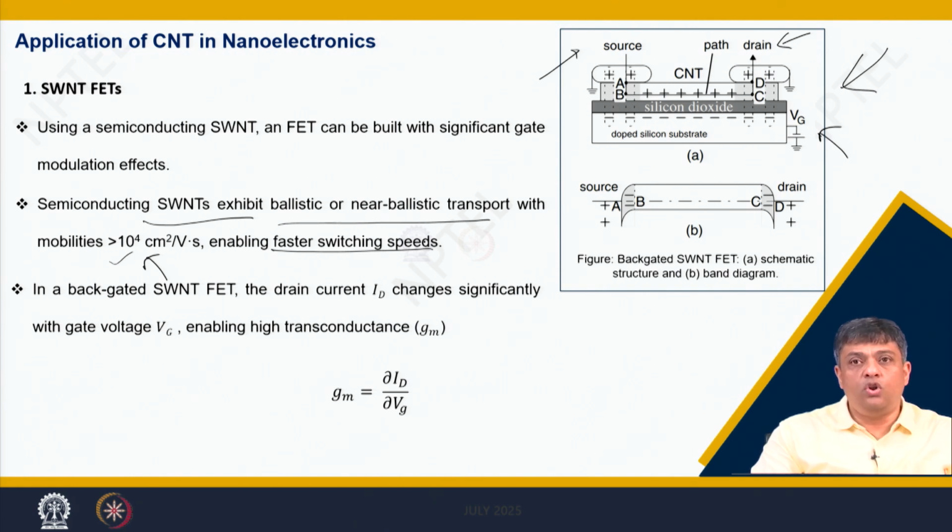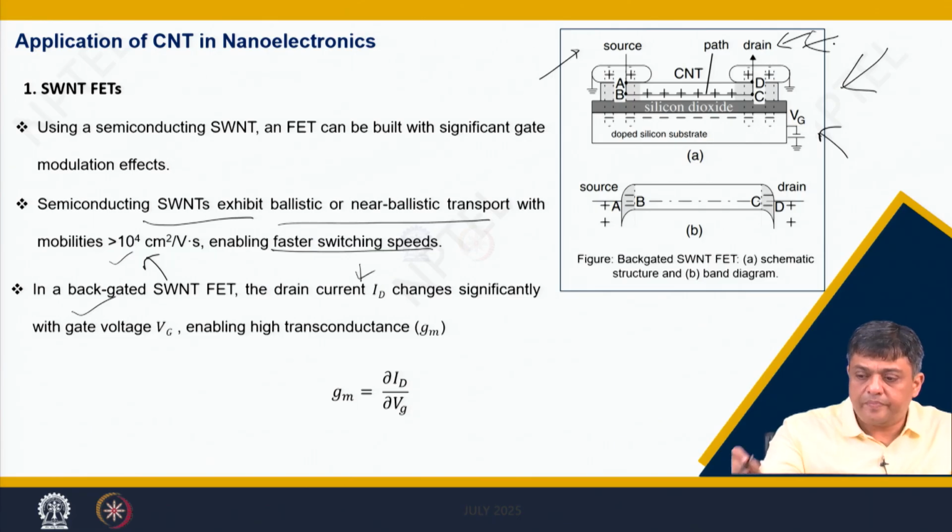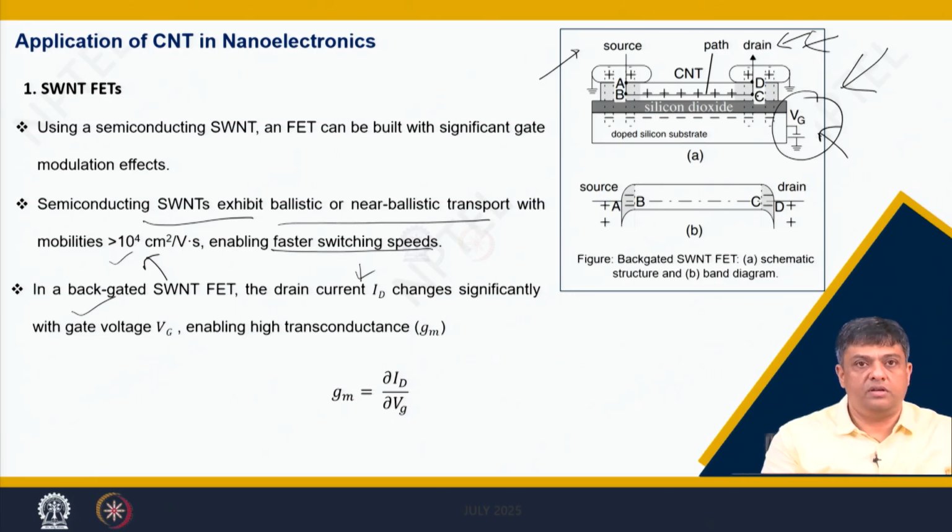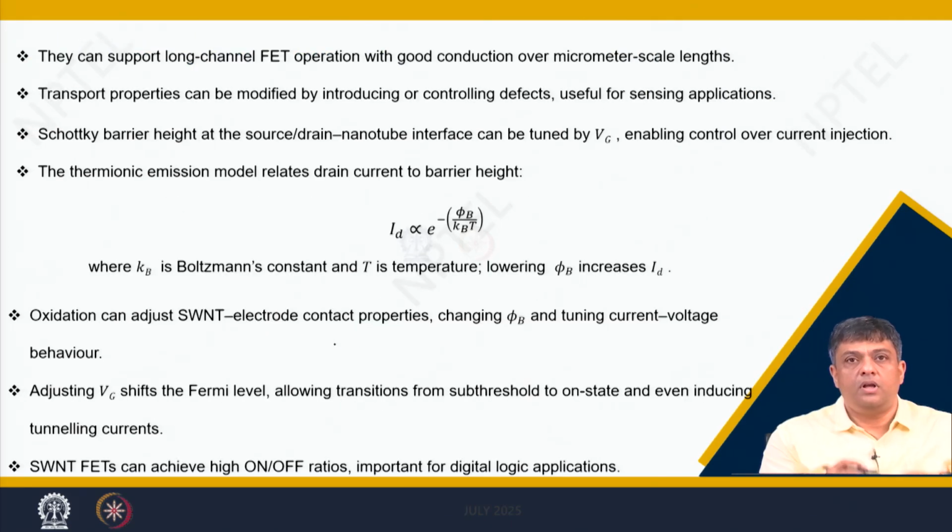And if you look into a back gated SWNT FET, then the drain current which you will get can be changed by the gate voltage, resulting in high transconductance. What is the consequence?